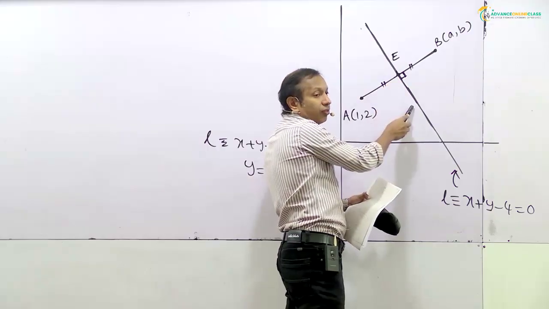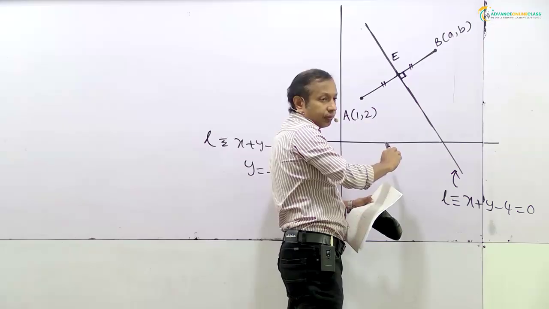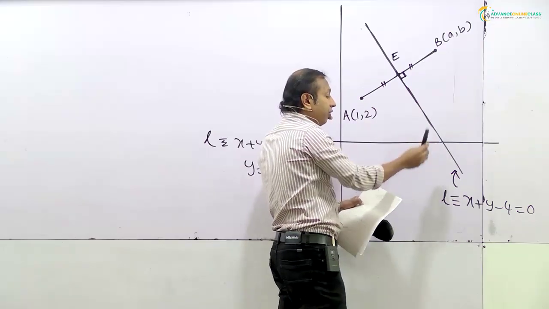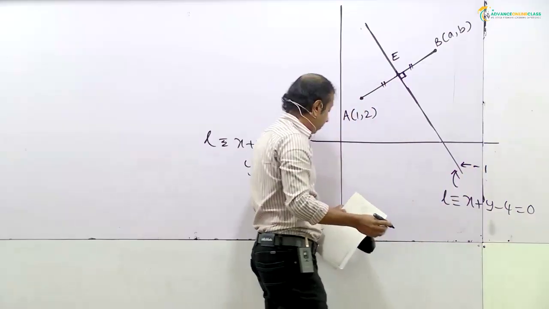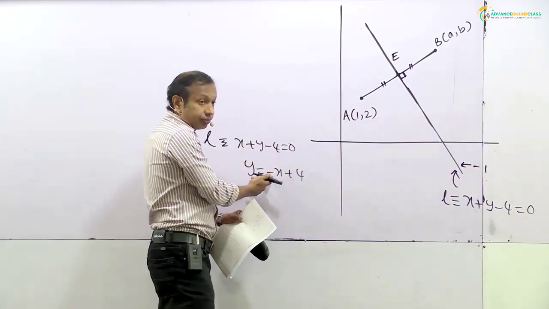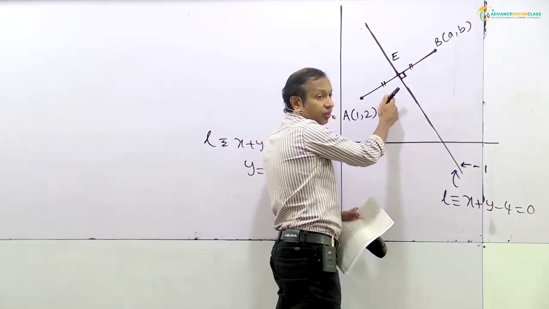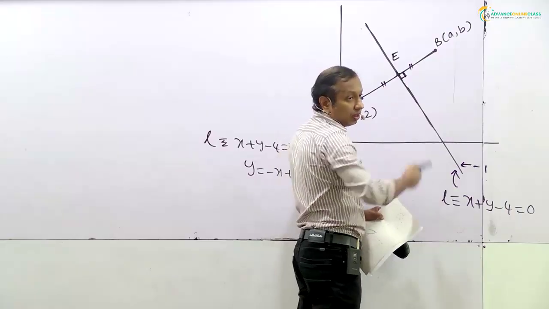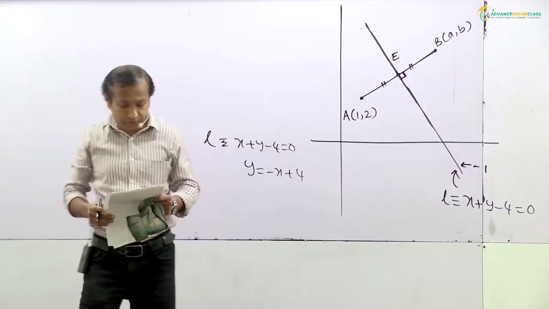E is on the line L, therefore the coordinates of E should satisfy the equation. That gives one equation. The other one is the gradient. Since AB is perpendicular to L, whose gradient is -1, the gradient of AB should be +1. Find the gradient using A and B, giving the second equation. Solving them, you can find a and b. That's the method.